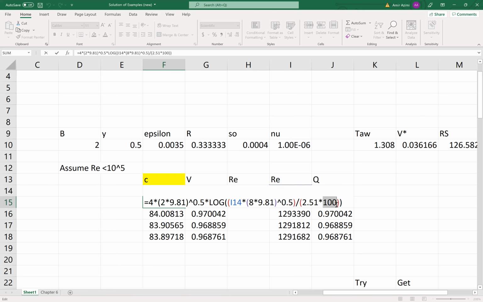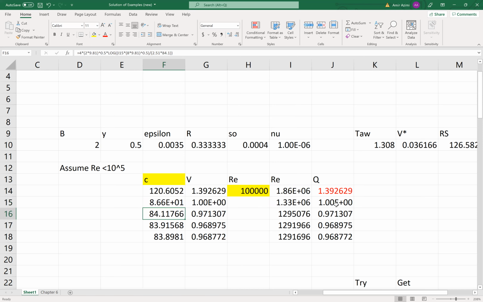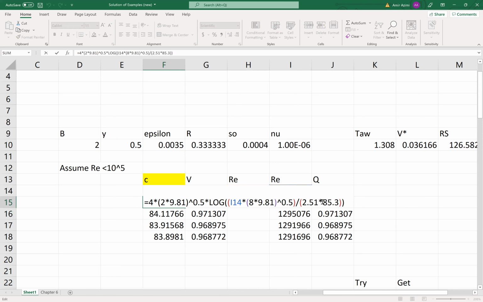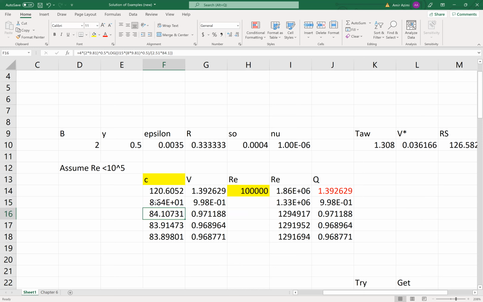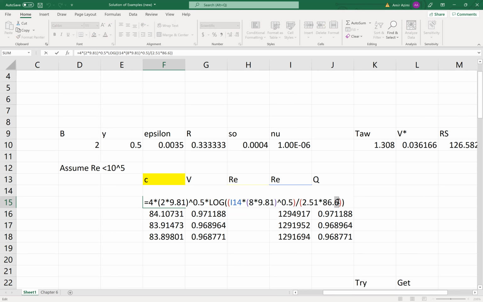Then I put 85.3 here. I got 86.6. Then I put 86.6. Then I get 86.4. So you see that it converges to 86.5.